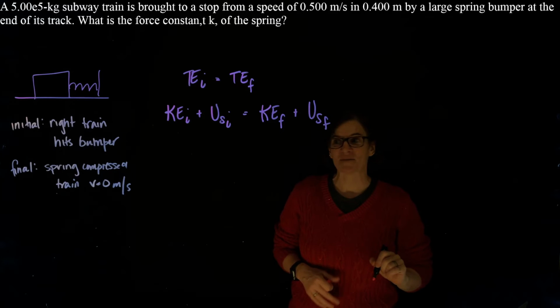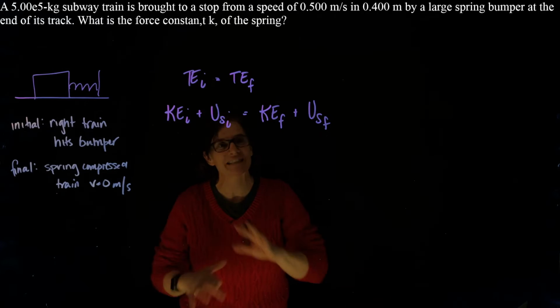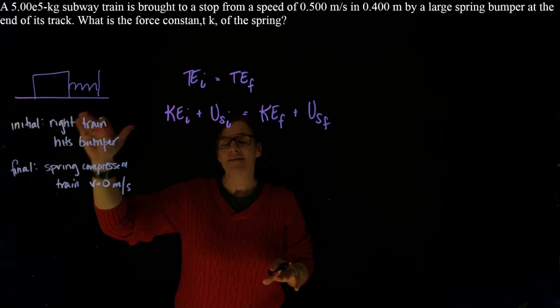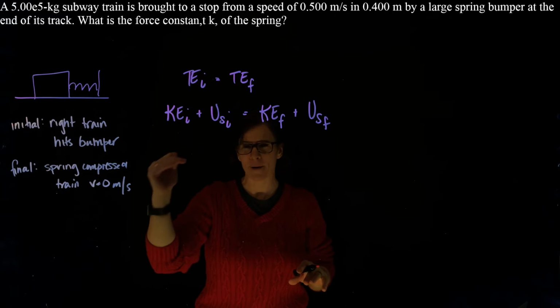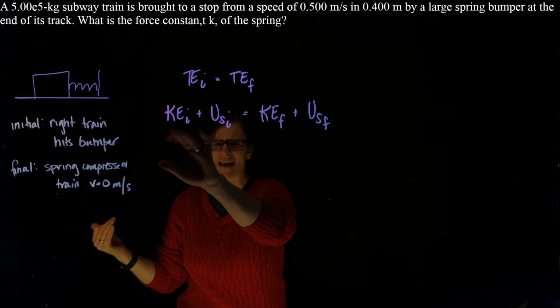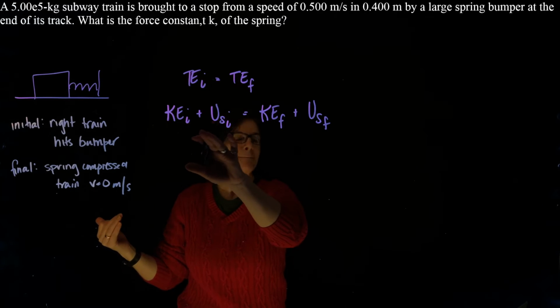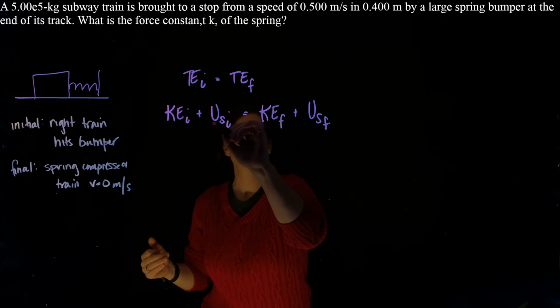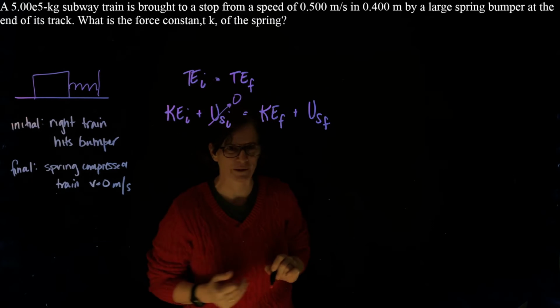All right, so then we look at our initial and final conditions and see if we can reduce this even more. When the train hits that bumper, right at that hit point, it is moving. So we have kinetic energy, but the spring has yet to be compressed, so there's no potential energy of the spring.